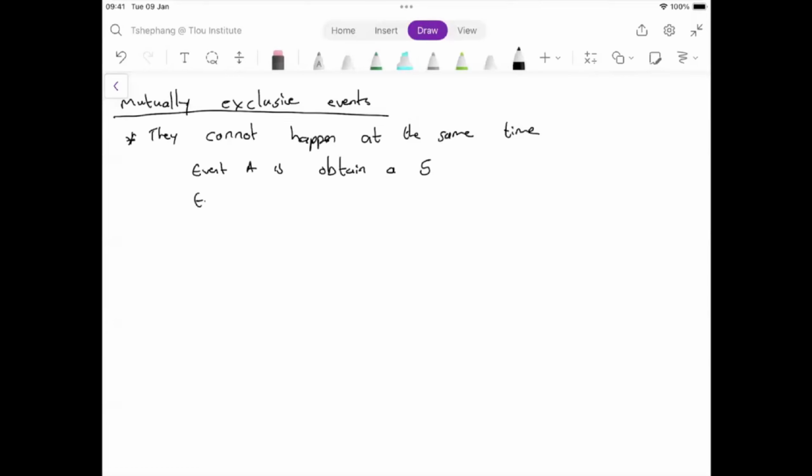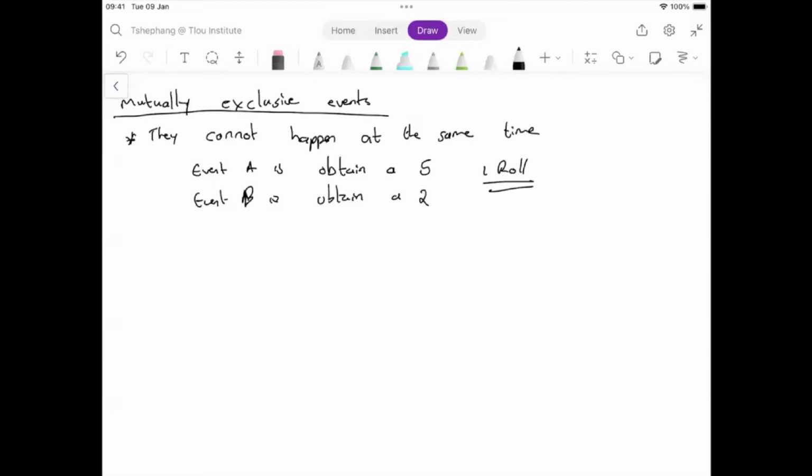And then event B is what? Is obtaining a 2. You're still rolling it once. Now, is it possible for you to get a 5 and a 2 when you roll this die once?